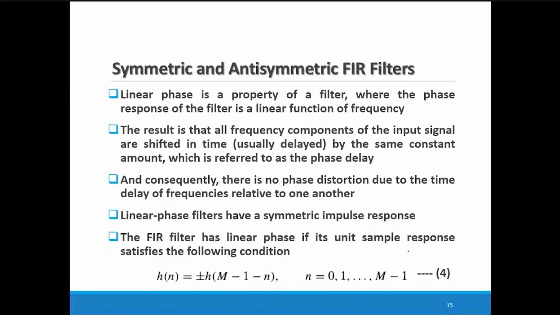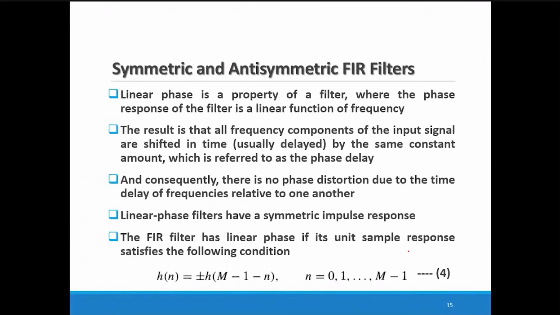The FIR filter has linear phase if its unit sample response satisfies the following condition: h of n is equal to plus or minus h of M minus 1 minus n, where n is equal to 0, 1 up to M minus 1.